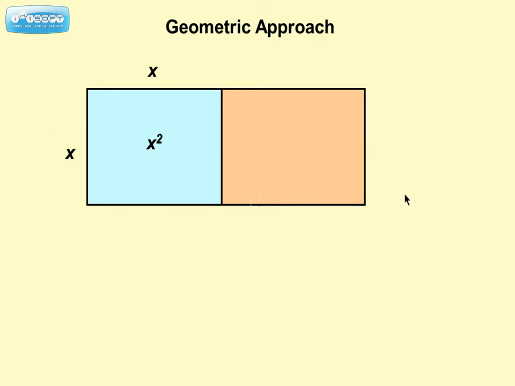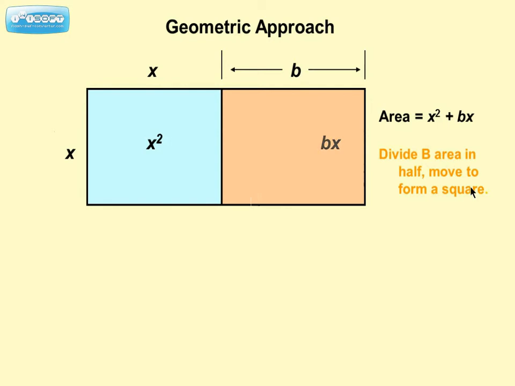The total area of the blue and the brown areas would be x squared plus bx. We're now going to, through a process of geometric steps, transform this rectangle into a square.